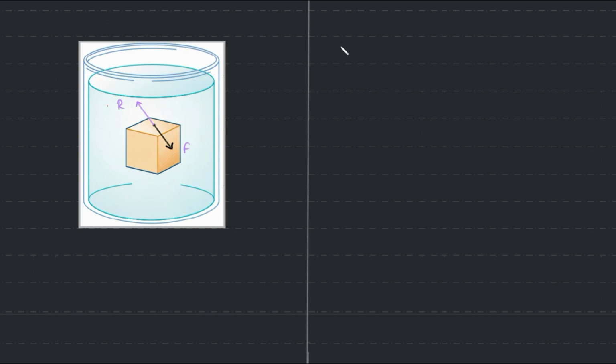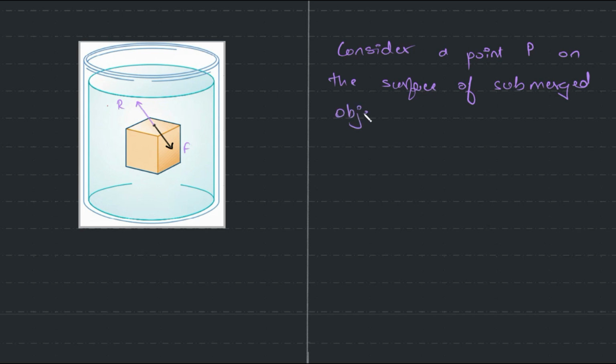So we'll start off by considering a point P on the surface of a submerged object. So this is point P. We'll consider that.